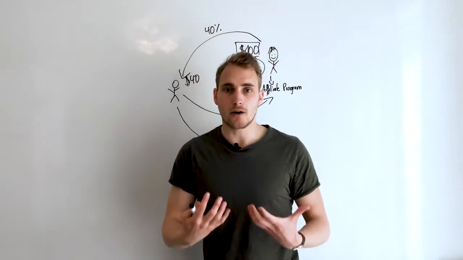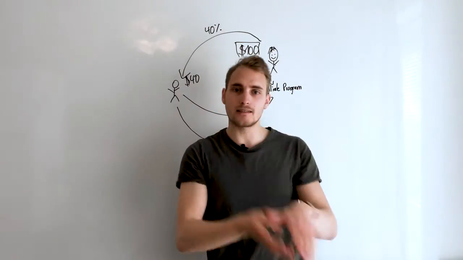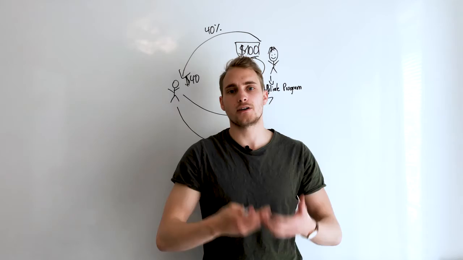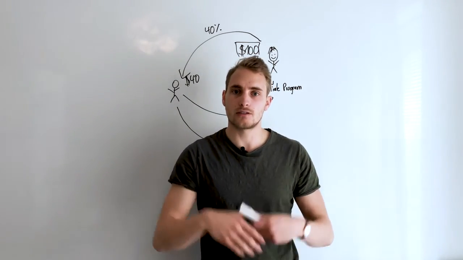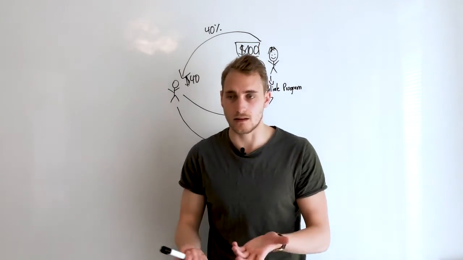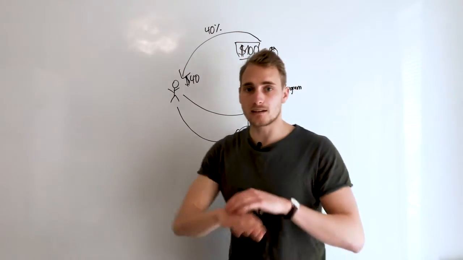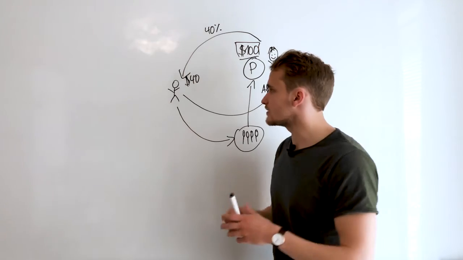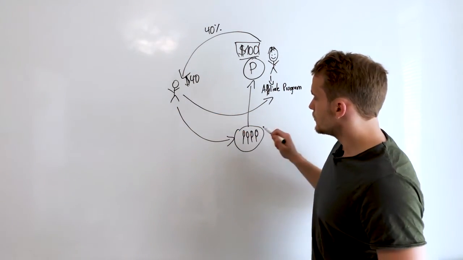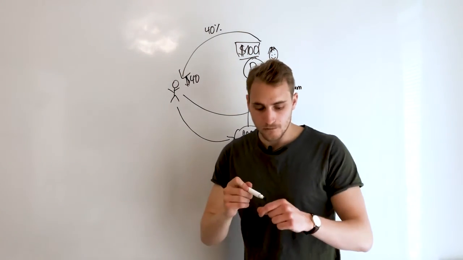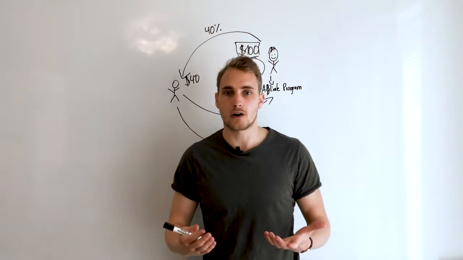And that's the great part about affiliate marketing, because it cuts out all of the necessary parts that you usually have to do in order to make money online. It cuts all of that out, and it reduces your only job to getting new customers to this product. So that is the power of affiliate marketing.